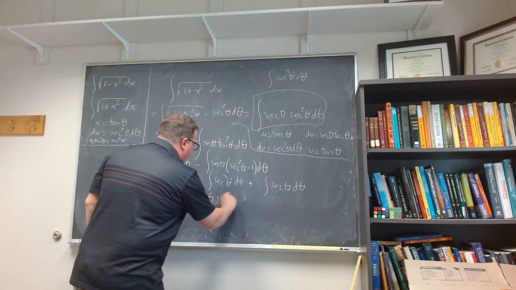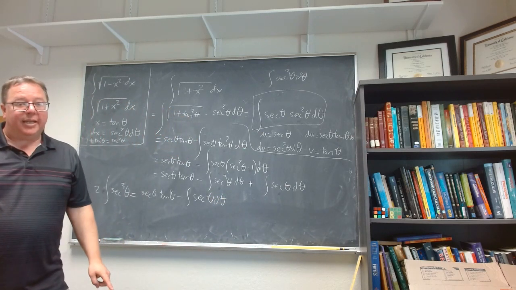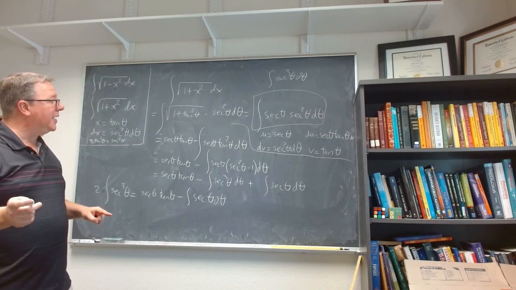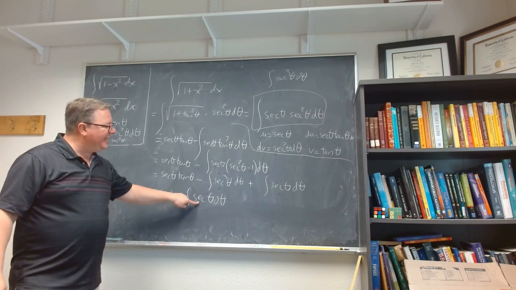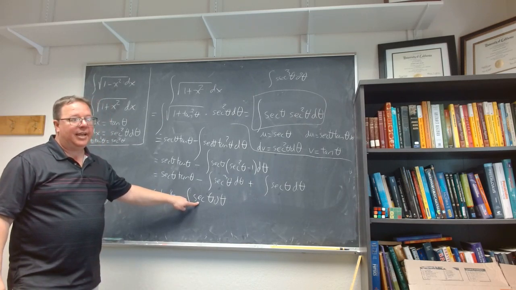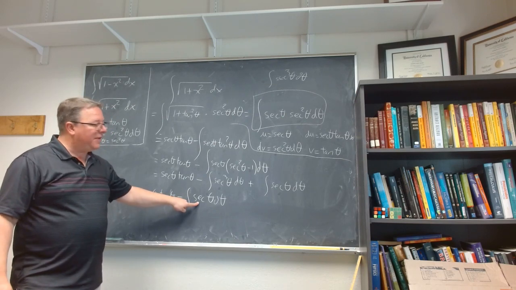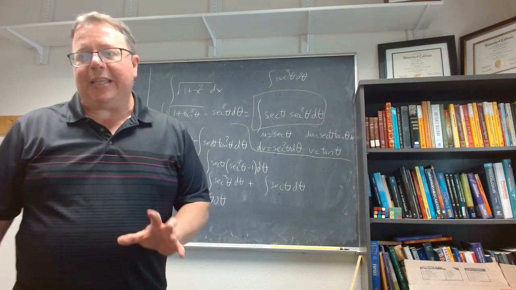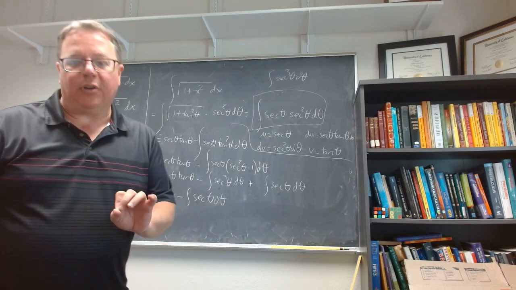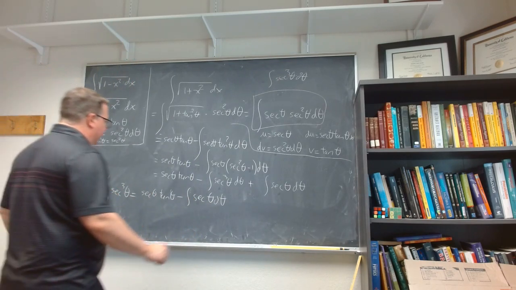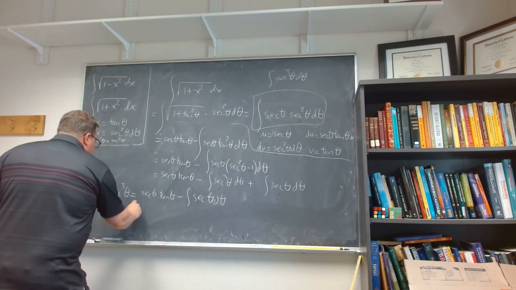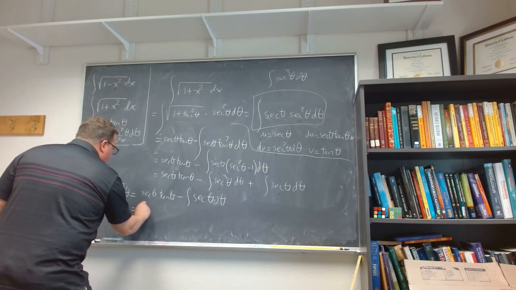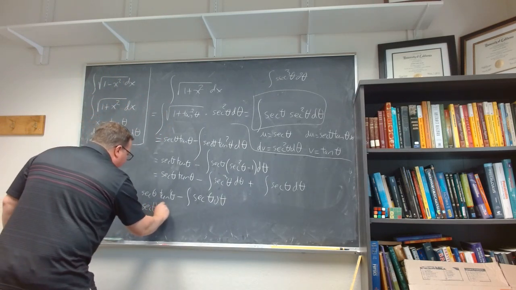Now, in the video that we did 2 weeks ago on trig integrals, we actually did this very antiderivative. And we found that the antiderivative of secant was something that looks a little bit weird. It's the natural log of secant plus tangent. So I'm just going to use that fact, and I'll ask you to go and look at that video again if you don't remember how.